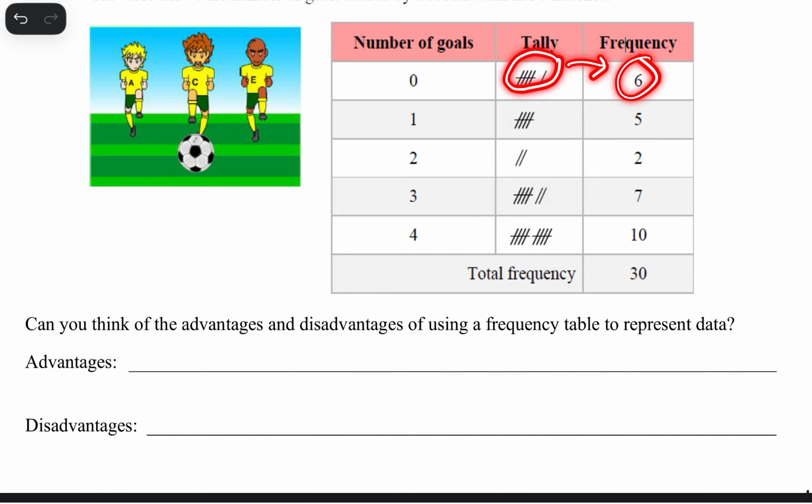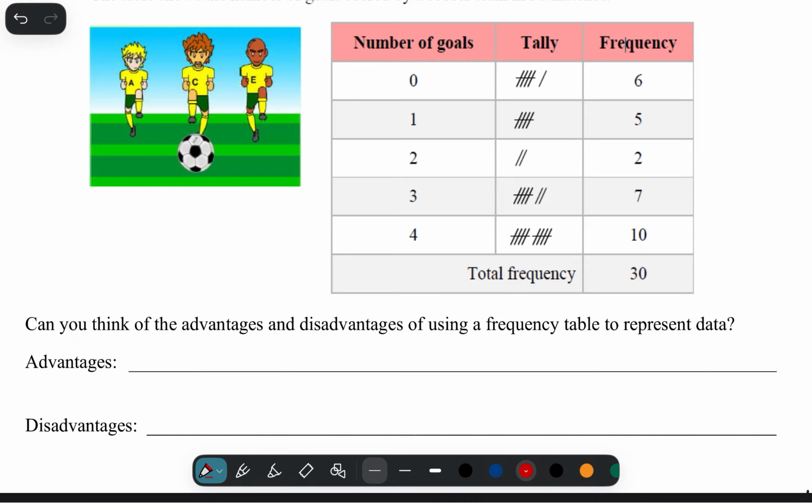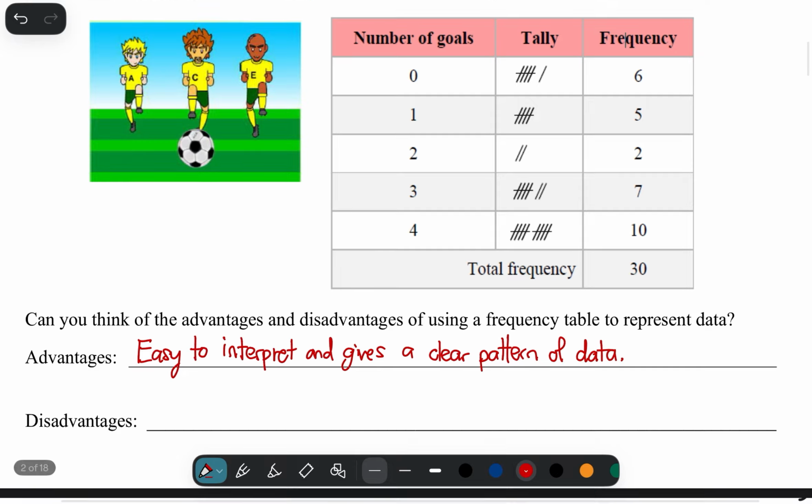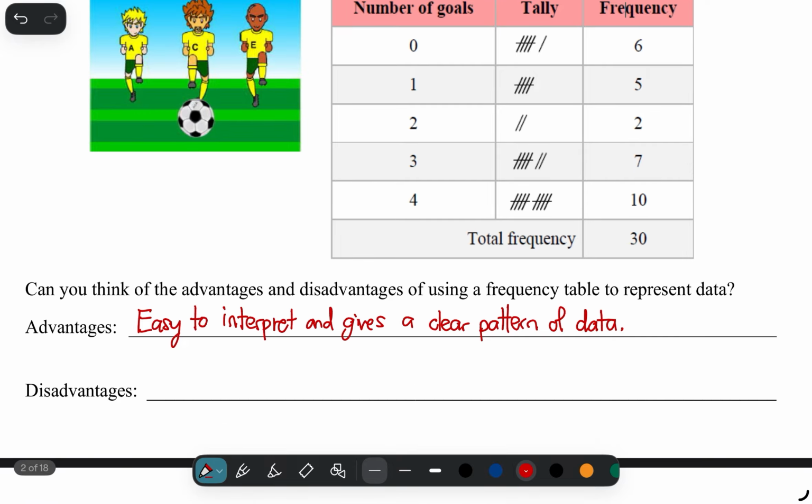So the advantage of this table is that it is easy to interpret and gives a clear pattern of data. It is very simple to observe and analyze.